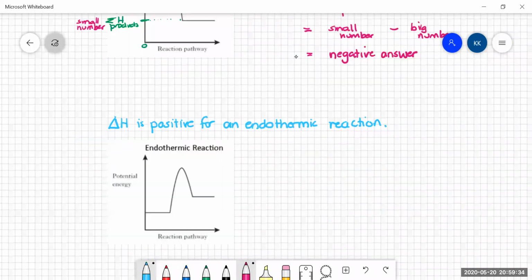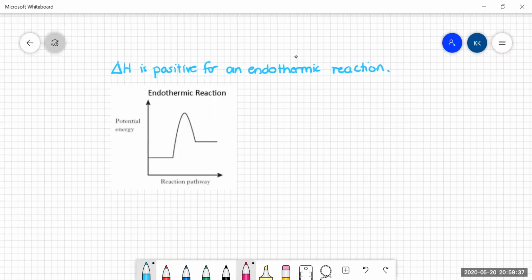And of course, the opposite is true for an endothermic reaction. So for an endothermic reaction, remember we're still going to do products minus reactants. But come over to the energy profile, and we see this is the sum of the enthalpy of the reactants here. But this time, if we come from the products, across to the graph, this is the sum of the enthalpy of the products.